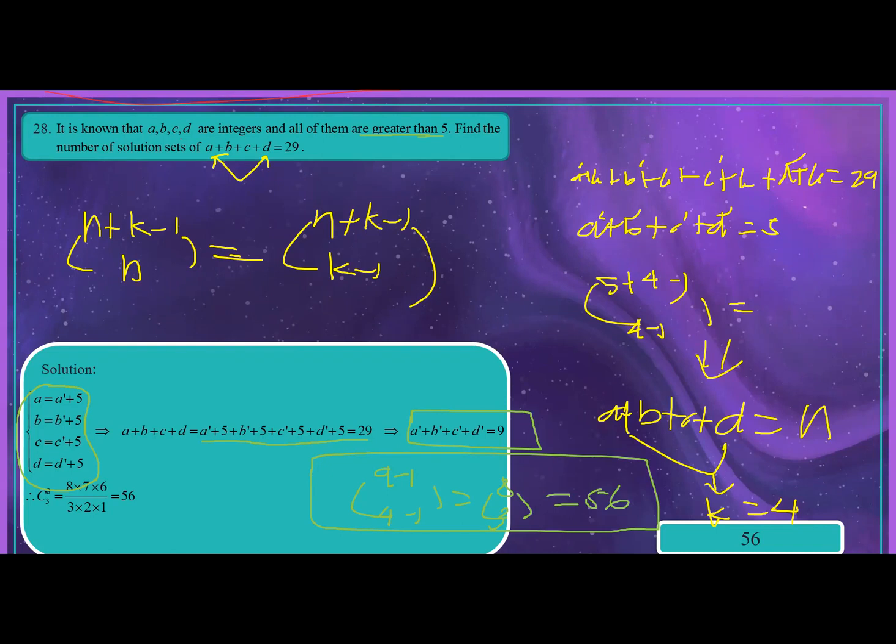Yes, basically your n should be the right side of the equal sign. That's your n. So you can also read that here.